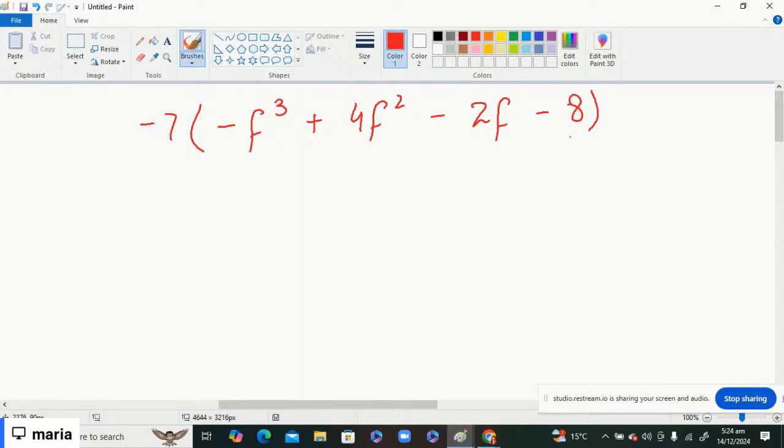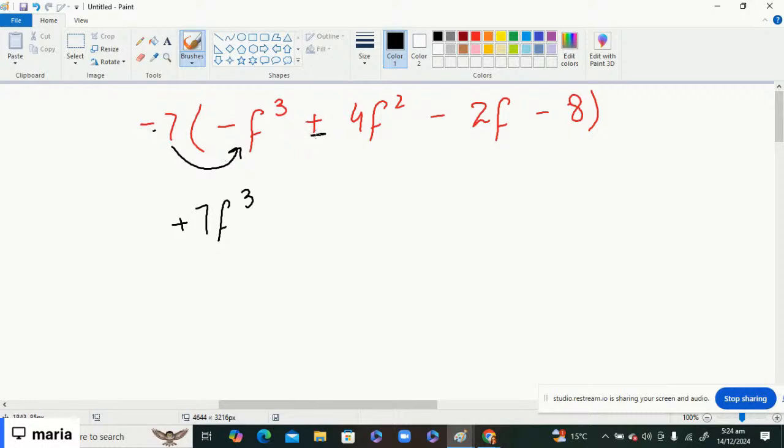Let's do it. So check it out here. Minus 7 with minus f cube. Minus minus becomes plus 7f cube.